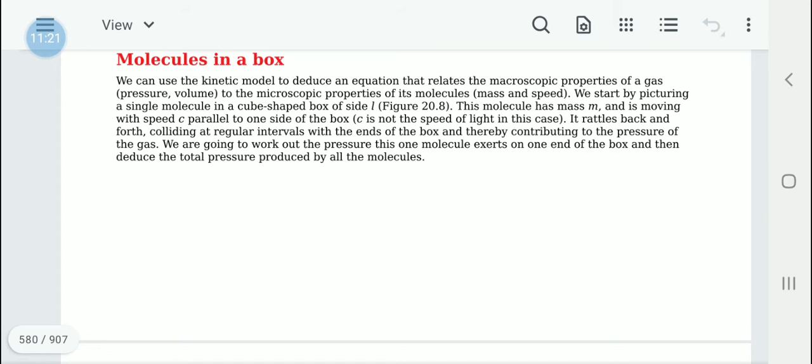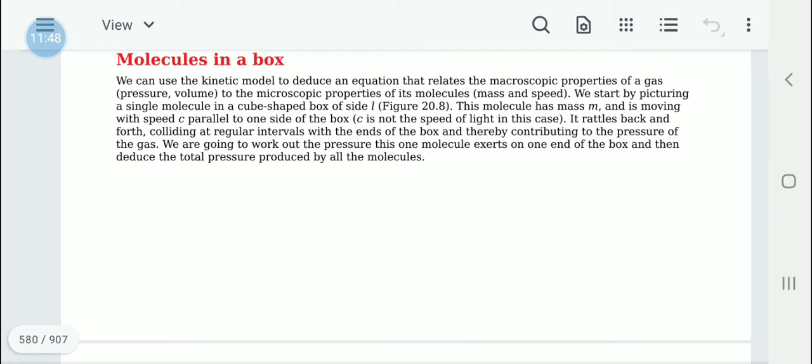It rattles back and forth, colliding at regular intervals with the ends of the box. So it gets bounced back and forth from each wall, contributing to the pressure of the gas. Right? So if we find the pressure created by one molecule, then we can find the total pressure by multiplying that by the number of molecules.